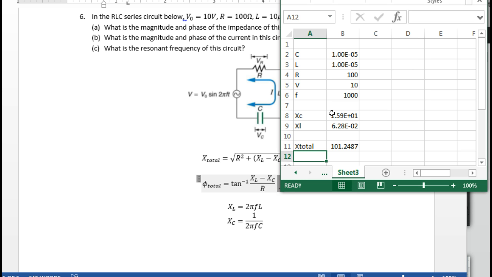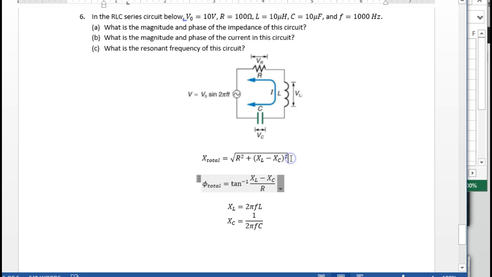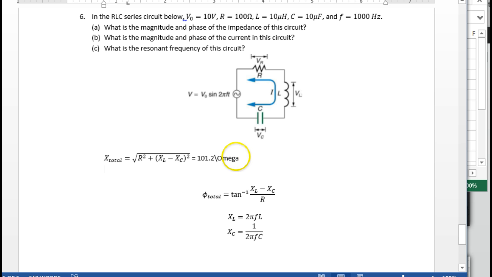So X total is 101.2487, or just 101.2 ohms. So we'll go back over here and we're just going to put in, this is 101.2 ohms. We're going to go back and we're going to do that again in math mode. 101.2 ohms.